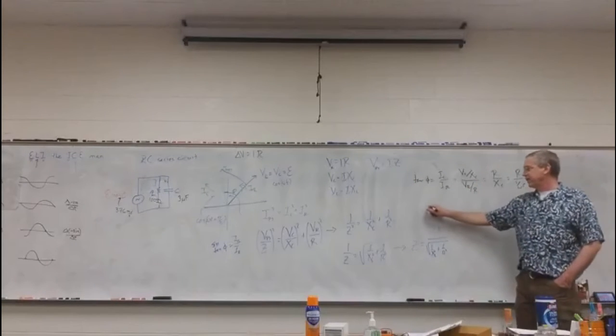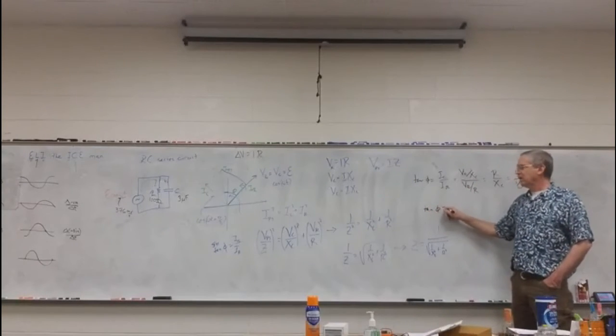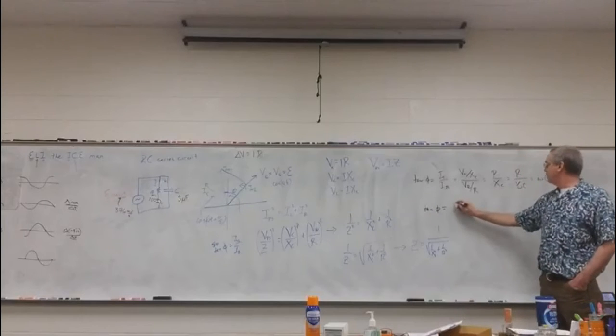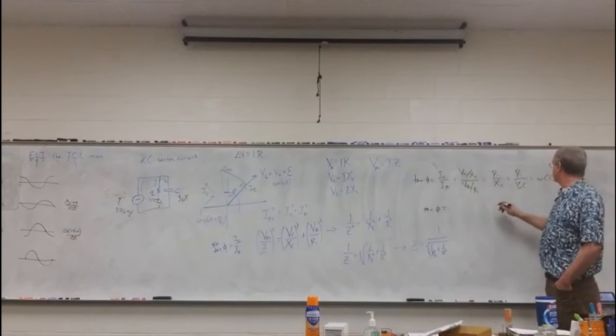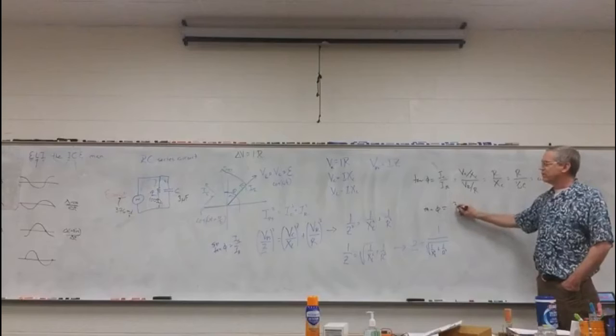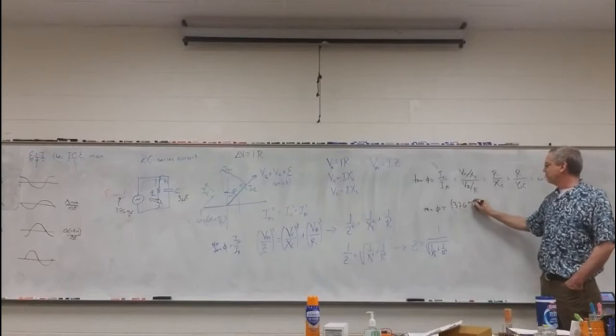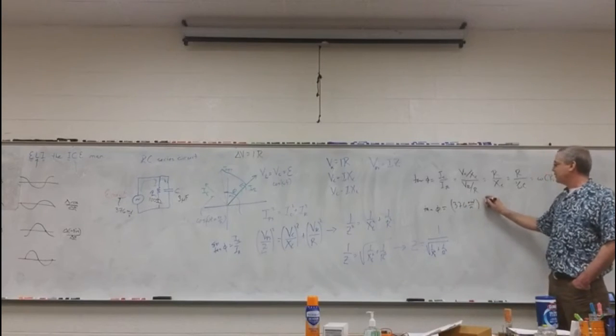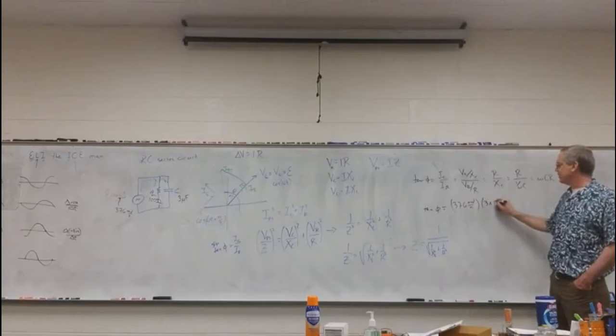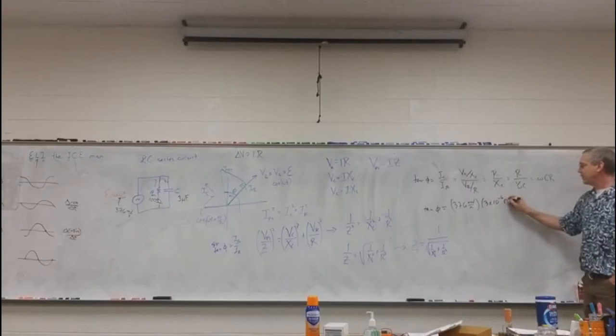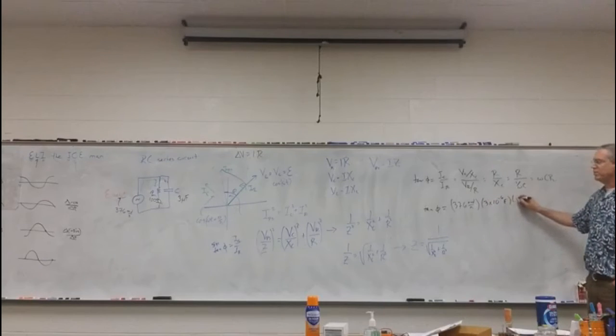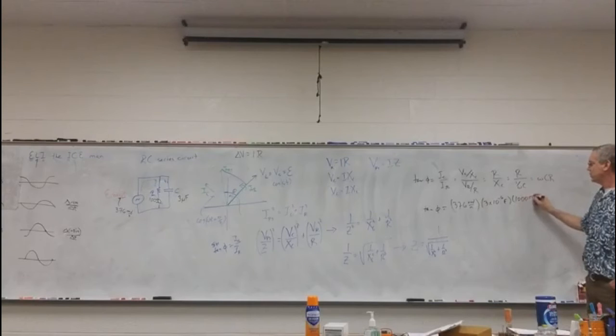So the tangent of phi is omega, which is 376 radians per second, times my capacitance, which is 3 times 10 to the negative 6th farads, times my resistance, which is 1,000 ohms.